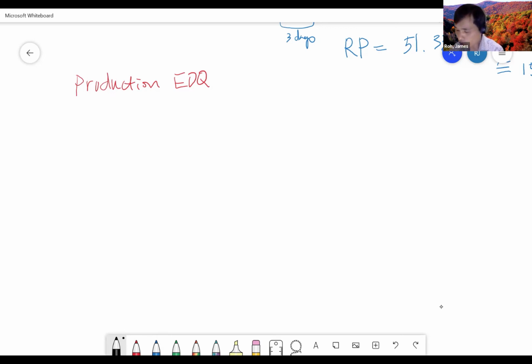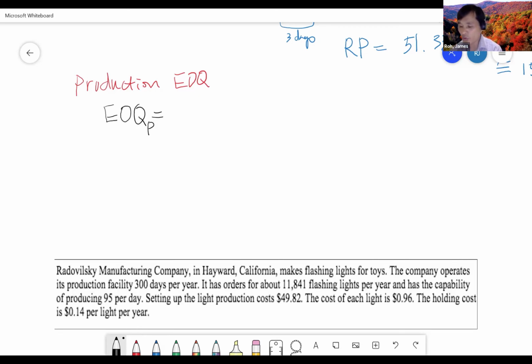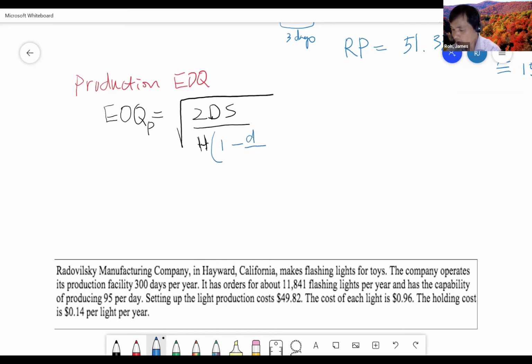In this case, we say EOQP because this is the production model, and the formula is not just square root of 2DS over H. In this case, holding cost is adjusted: H times (1 minus d over p), where d, lowercase, equals daily demand and p equals daily production.